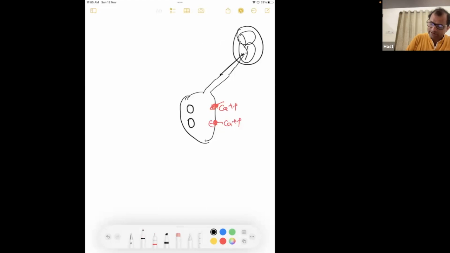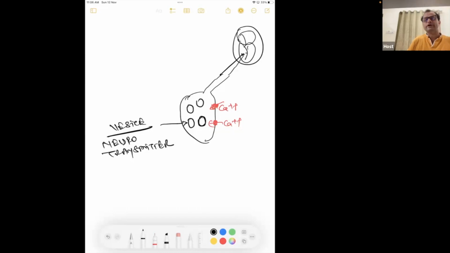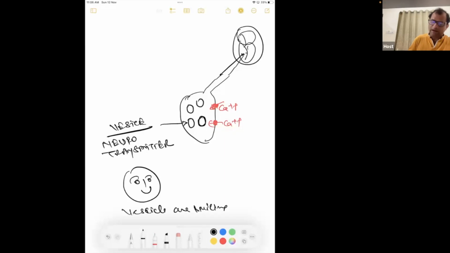We already know there are vesicles inside, vesicles having the neurotransmitter acetylcholine. We have already discussed this earlier. As soon as the vesicles see the calcium, wow, they smile. So vesicles are smiling and welcoming the calcium. Please come and attach with me. Then calcium is attaching with these vesicles.